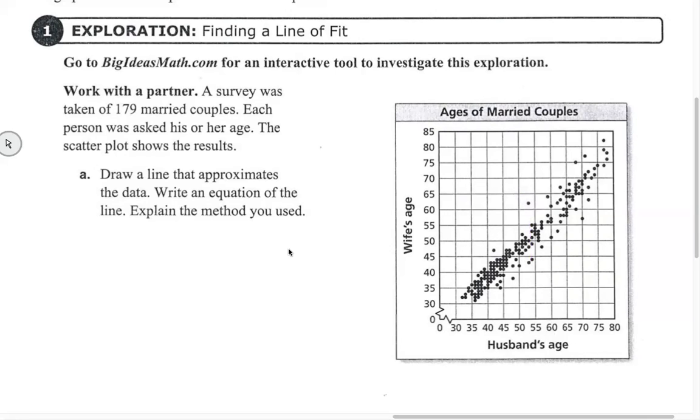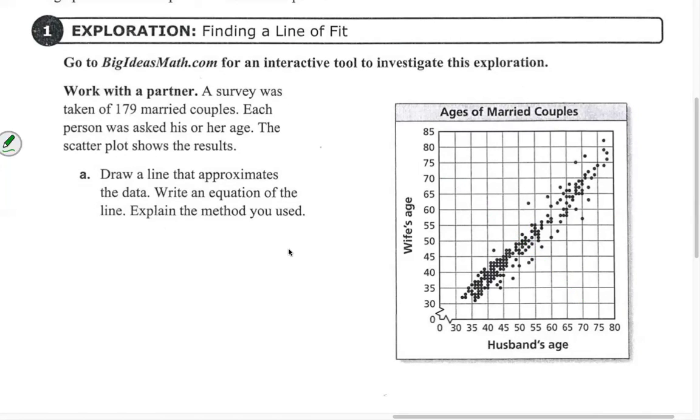All right, so up here it says draw a line that approximates the data. Now when we're doing this, what we want to do is draw a line that goes through most of the points. So what do I not want to do? I don't want to draw a line like this. That doesn't really capture my data. I don't want to draw a line like this either, because that doesn't capture my data.